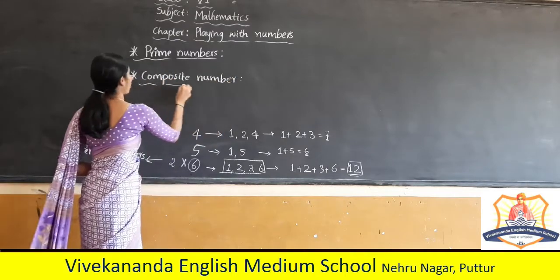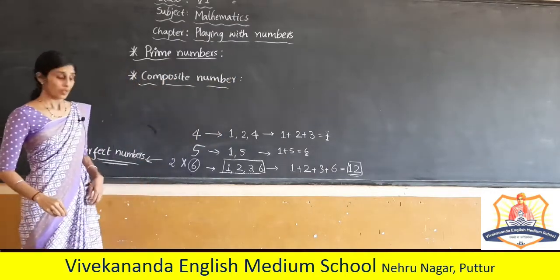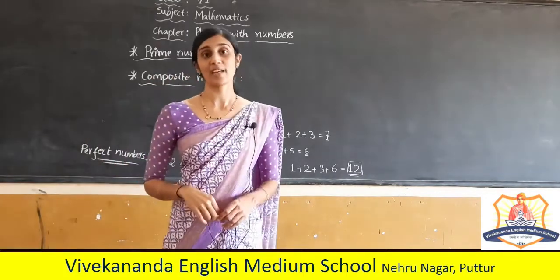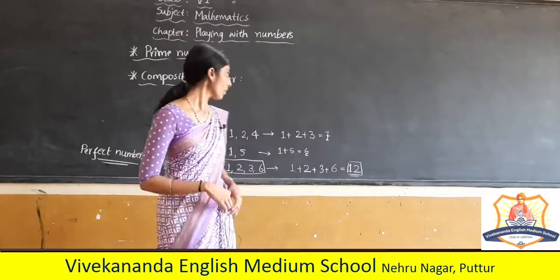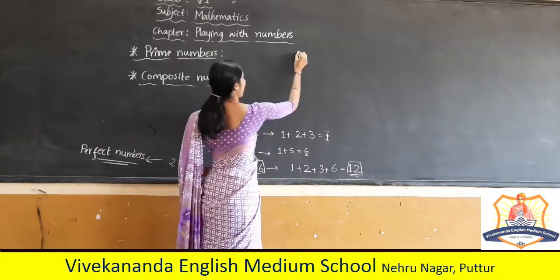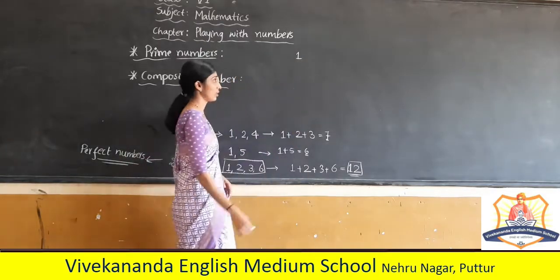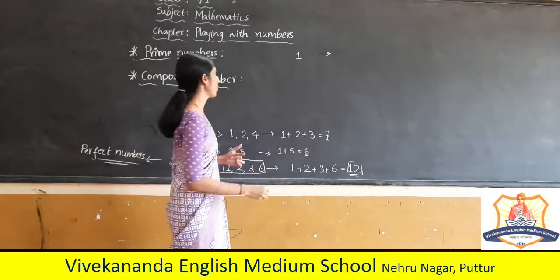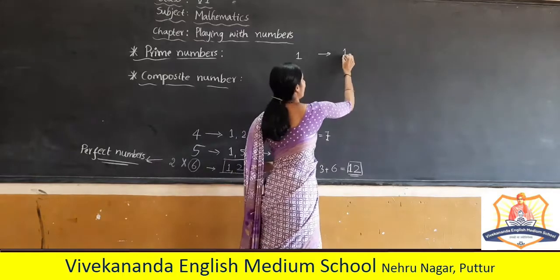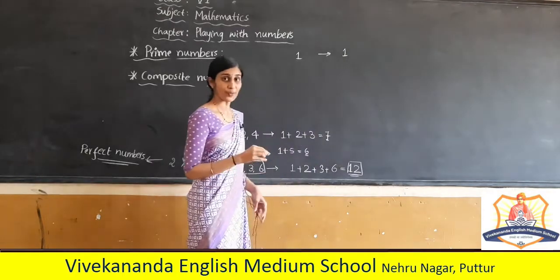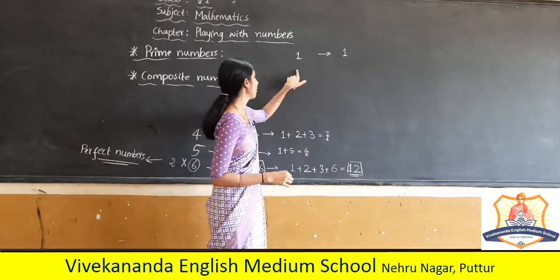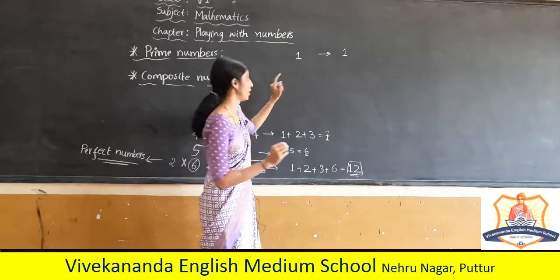What do you mean by composite number? Before this, you have got the knowledge of factors and multiples, right? Let us take natural number 1. What are the factors of natural number 1? 1 into 1 is equal to 1, or 1 divided by 1 is equal to 1.